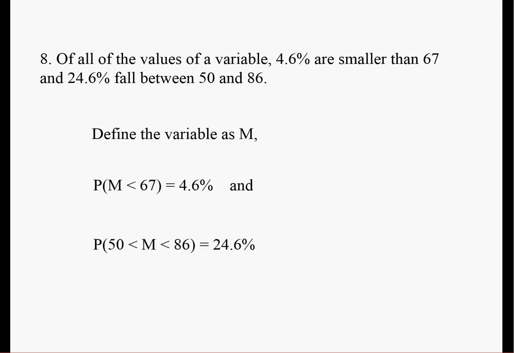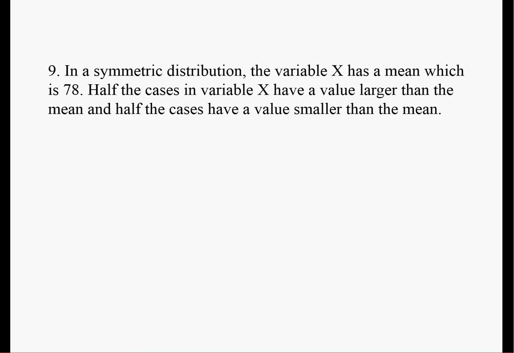The probability of this value n smaller than 67 is 4.6%, and the probability for this variable fall between 50 and 86 is 24.6%. Again, we follow the convention to place the smaller value to the left and the larger value to the right. Question number 9.